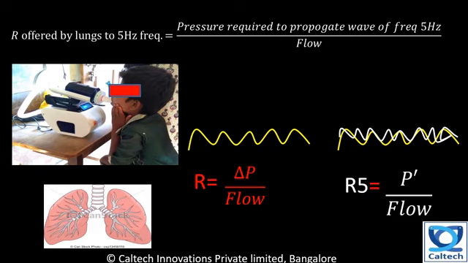It means that the obstruction can be anywhere in the path traveled by the 5 Hz frequency. Similarly, if the pressure required to propagate the frequency of 20 Hz is increased, it means that there is an increased obstruction in the path traveled by the 20 Hz frequency, and the path traveled by the 20 Hz frequency is from the trachea till the larger airways.